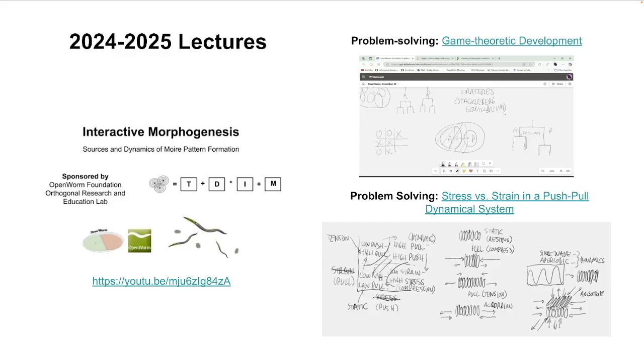This other one, stress versus strain in a push-pull dynamical system, goes through the biophysics of cell migration and of cell populations, and thinking about it as a dynamical system. If we look at push versus pull dynamics in cell populations, whether you're pulling a bunch of cells apart or pushing them together, squishing them together, they give you different behaviors.